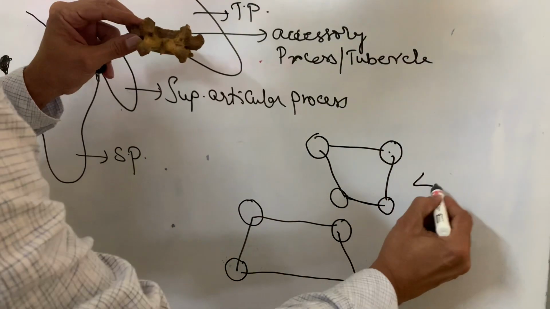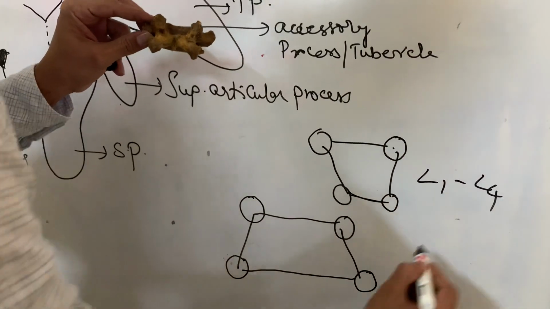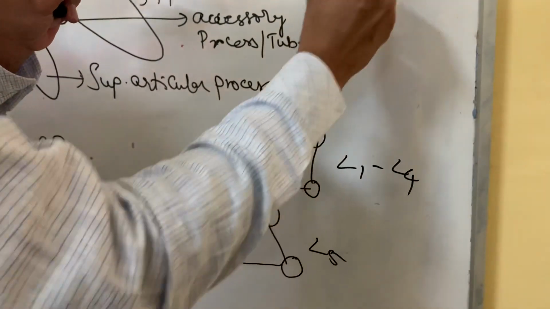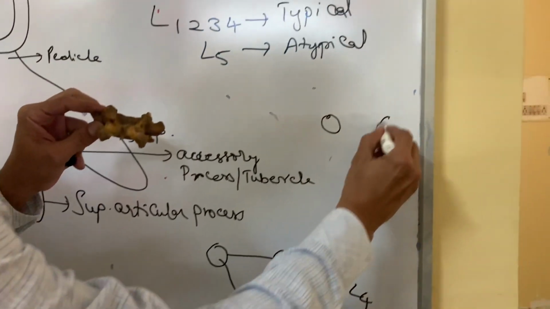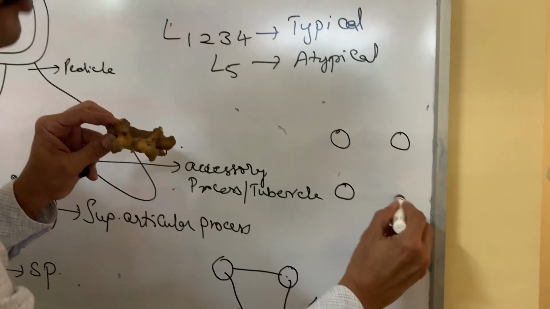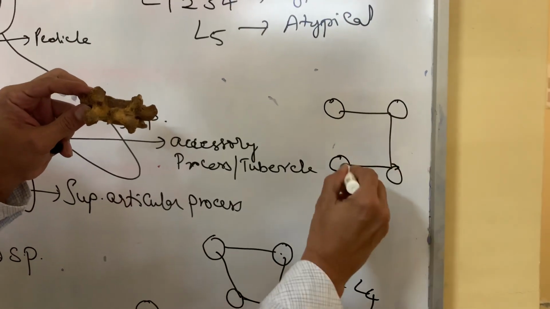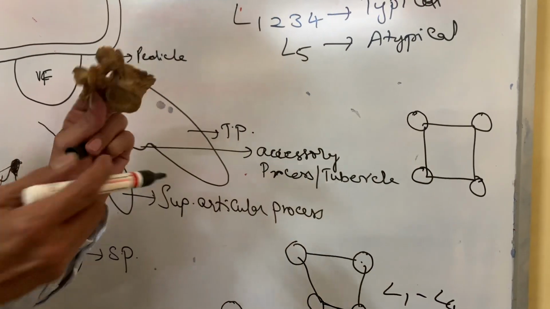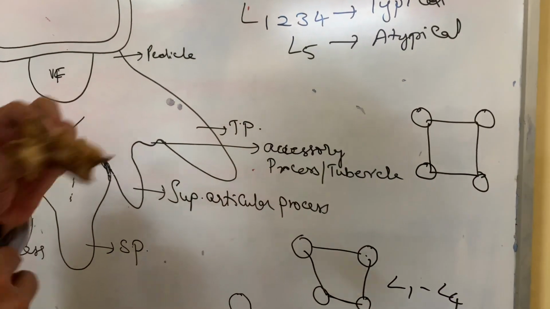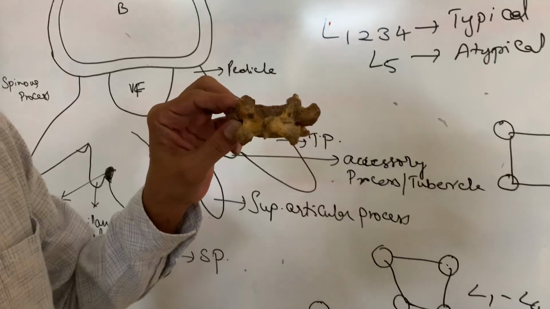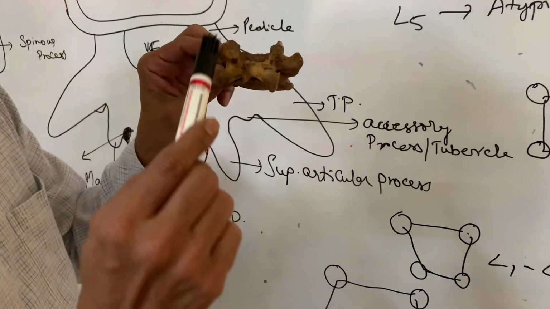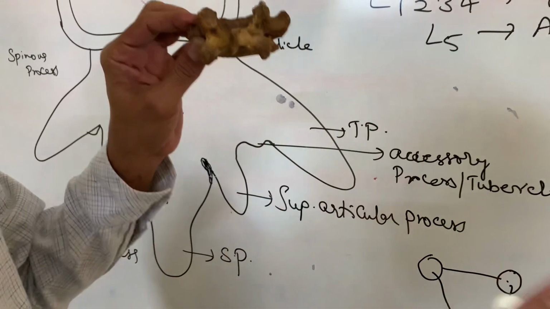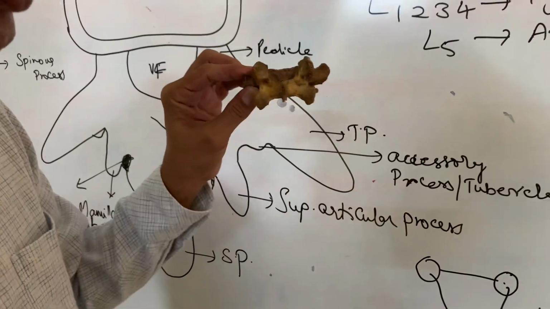This is L1 to L4 and this is L5. Although according to some, in L4 the distance between the superior and inferior articular facets is the same, it is still considered a typical lumbar vertebra. So the fifth lumbar vertebra is atypical because the inferior articular facets are wider apart than the superior articular facets.